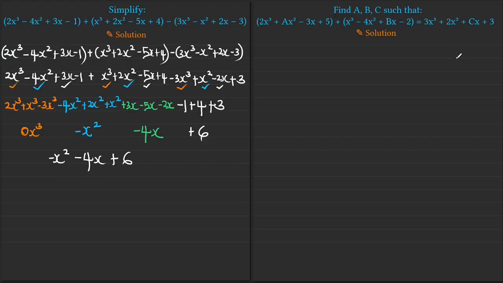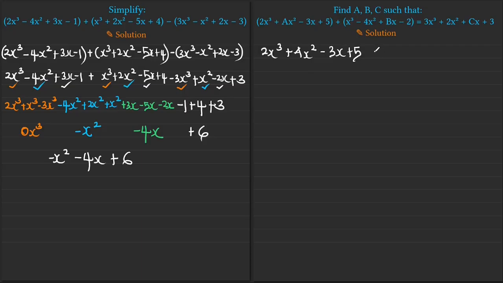How do we go about this? This one, you would need to form your own equations in terms of a, b, and c, and then you solve. But first of all, we know on the left hand side, we have 2x cubed plus ax squared minus 3x plus 5.